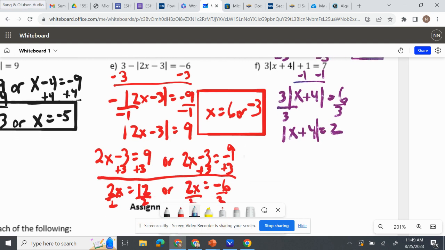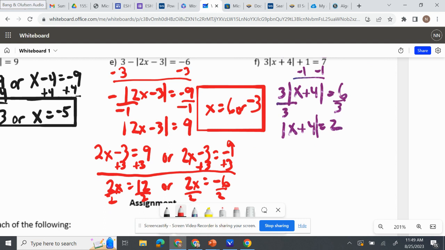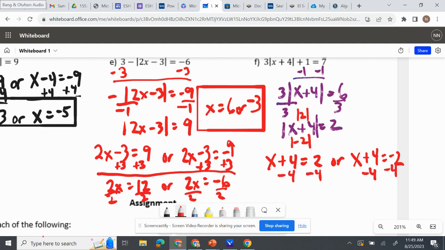Once I have the absolute value by itself, remember, I'm not sure if this is a 2 or a -2, because the absolute value of 2 is 2. The absolute value of -2 is also 2. So my dilemma is I'm not sure which one is correct, so I solve for both of them. In order to solve it, I'm going to subtract the 4. And that gives me x is equal to -2 or -6.